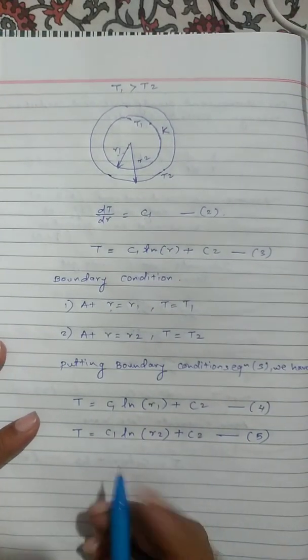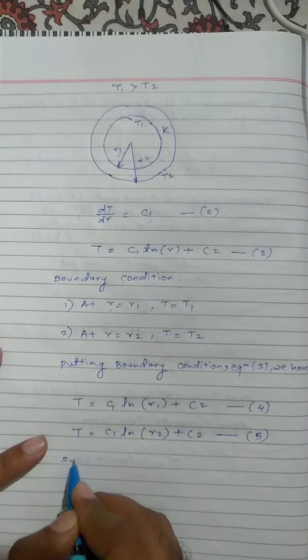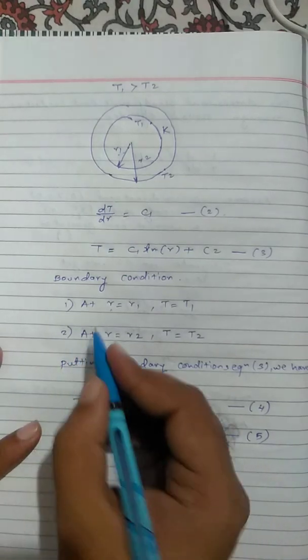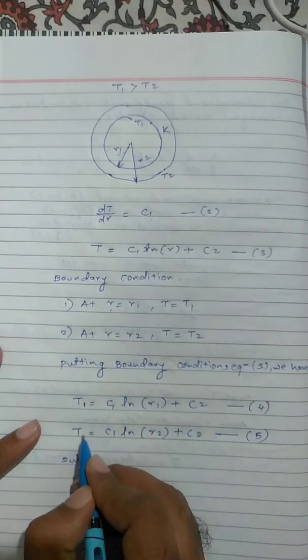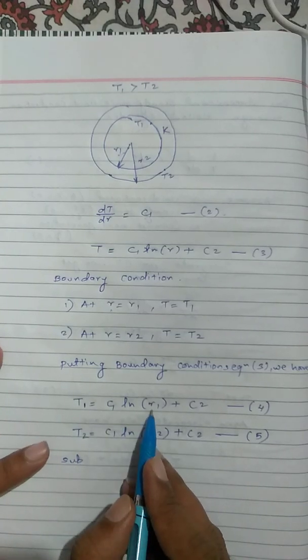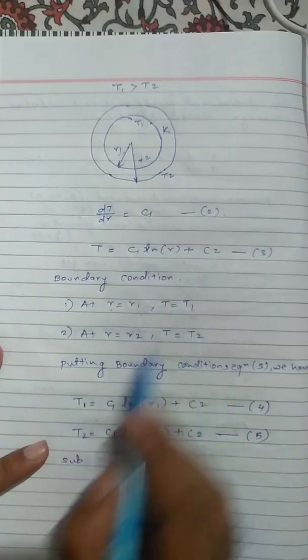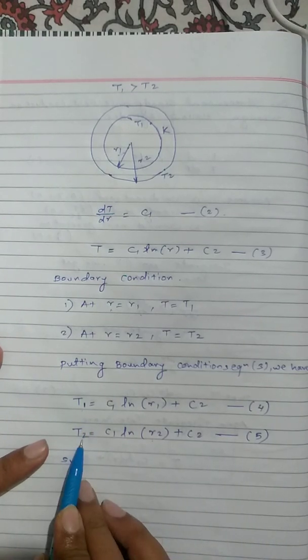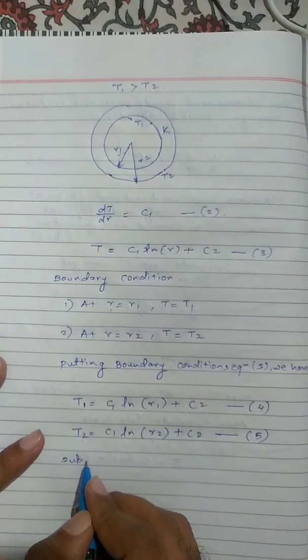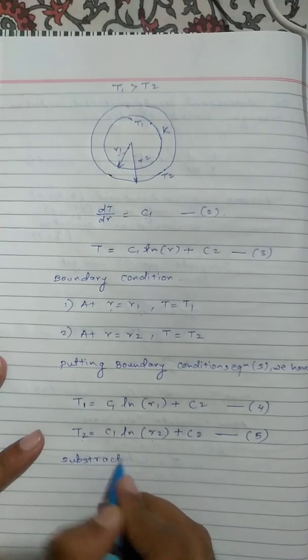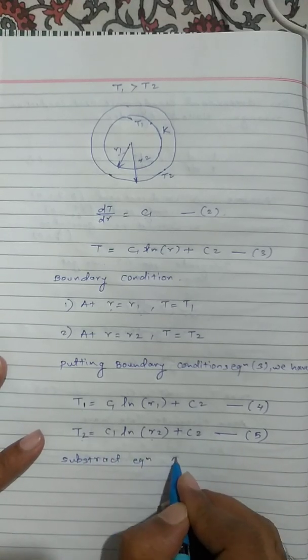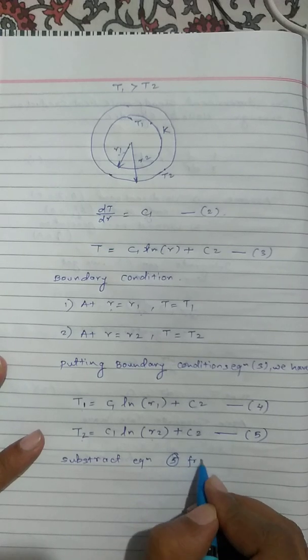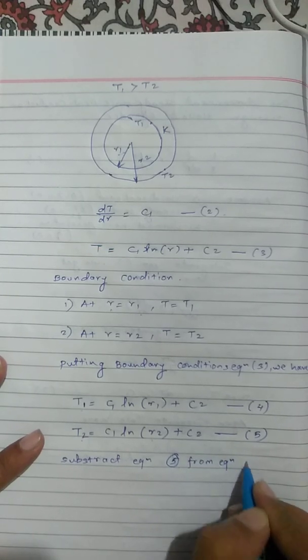Now what is your duty? Your duty is to subtract. As r equal to r1, T equal to T1, it will become T1. As r equal to r2, T will be equal to T2. So subtract equation 5 from equation 4.